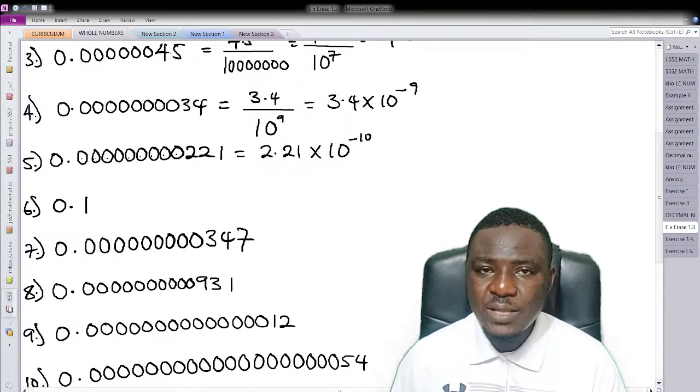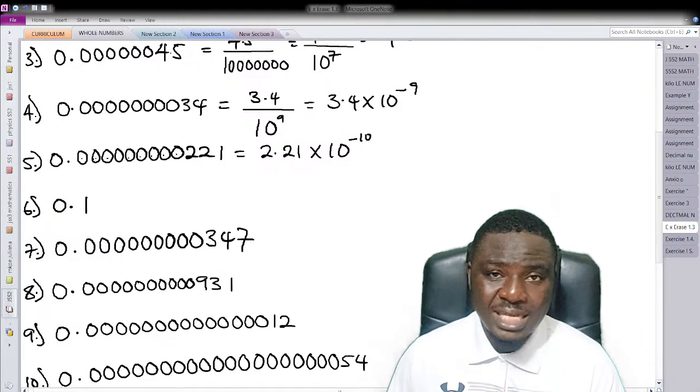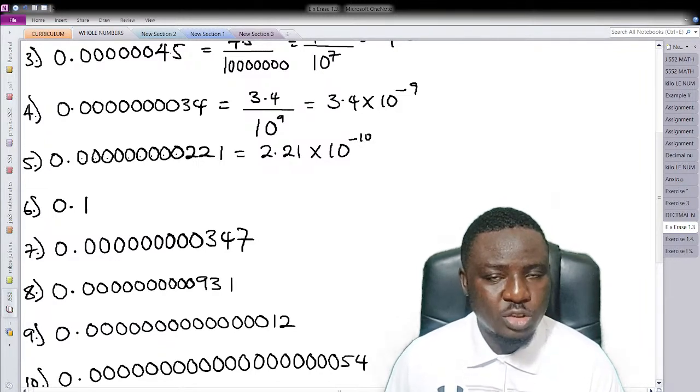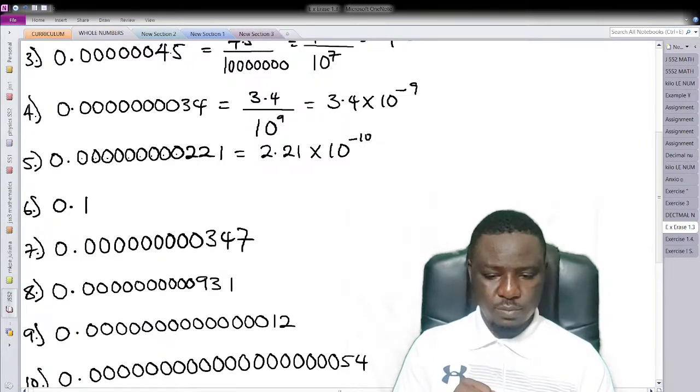So if you add the 0.0, it is okay. If you don't add it, it does no harm to you. So you can either include it or leave it. Whichever way you take it is okay.